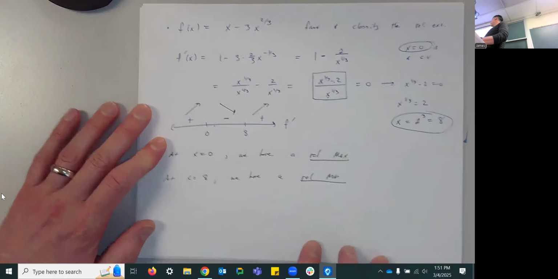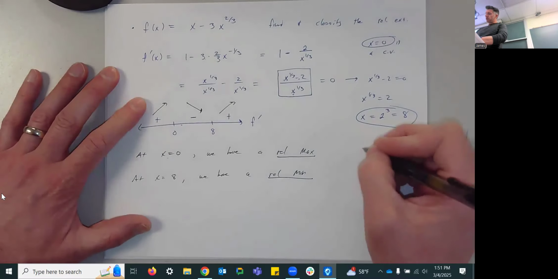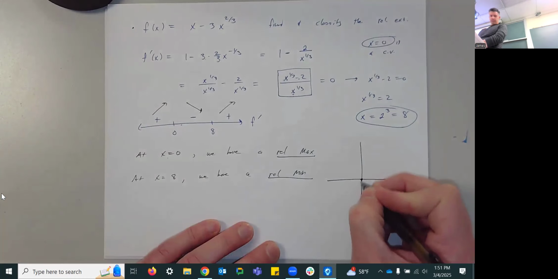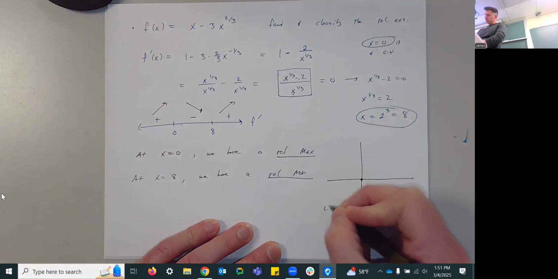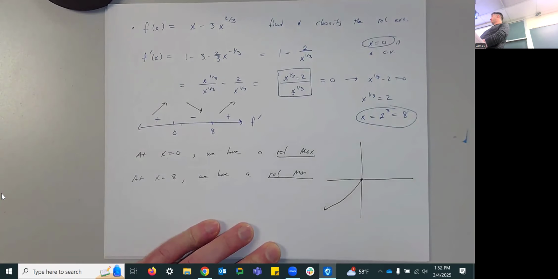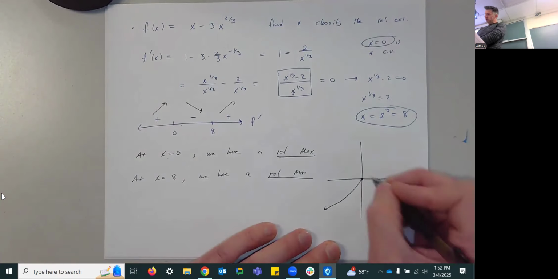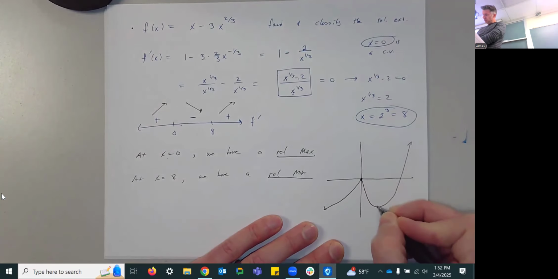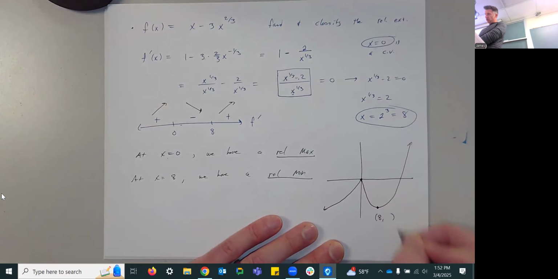Just to satisfy any curiosity, this function looks kind of like this. It's kind of funky. You've got a cusp at the origin because the derivative is undefined there, and then it kind of looks like this. 8 comma whatever.